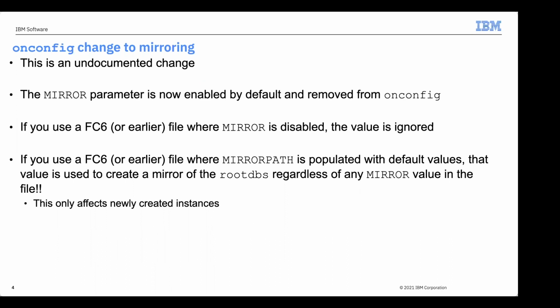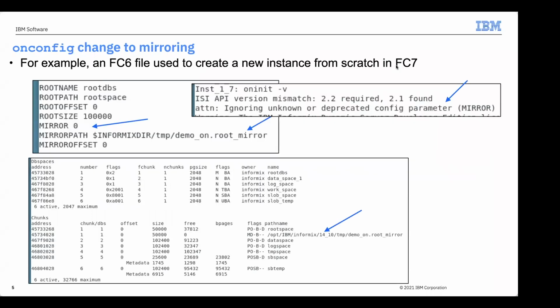Well, what I discovered is I took an FC6 onconfig file and I used that to create an FC7 instance. And all of a sudden, I had a mirror device in my instance. And I was trying to figure out why that happened. And that was because the instance now is ignoring this mirror parameter completely.